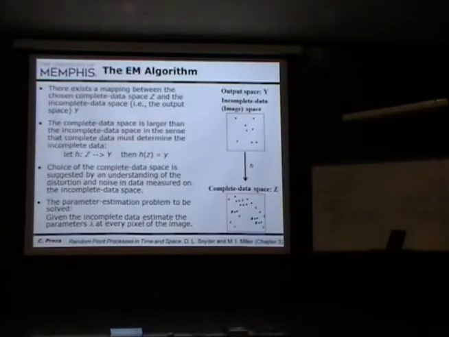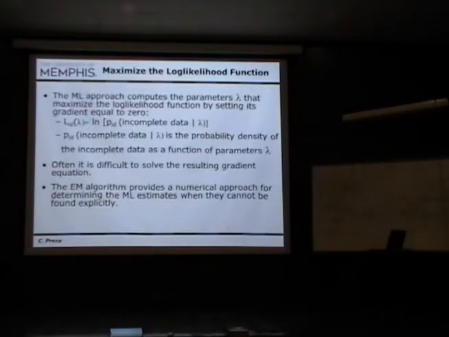All right, because I want to get to results, I'm just going to quickly set this up. The log likelihood that I mentioned is nothing but the natural log of a probability distribution. This probability distribution is a conditional distribution of the incomplete data, the actual measurement, given the mean, lambda, of what you want to estimate.